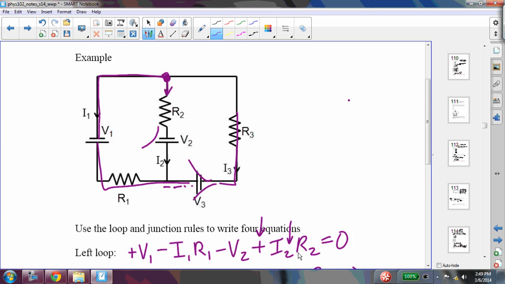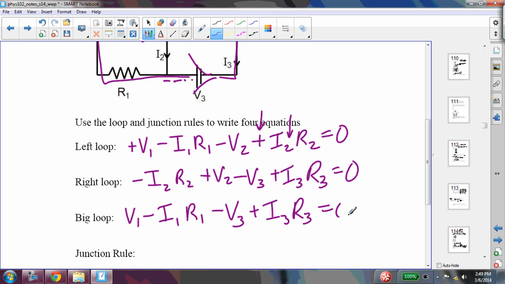I think that was the last one. Yeah, and that's all equal to 0. So now I have three equations. You could solve these three equations and find out what I1, I2, and I3 are, but it's easier to use the junction rule. It's just easier to solve them.